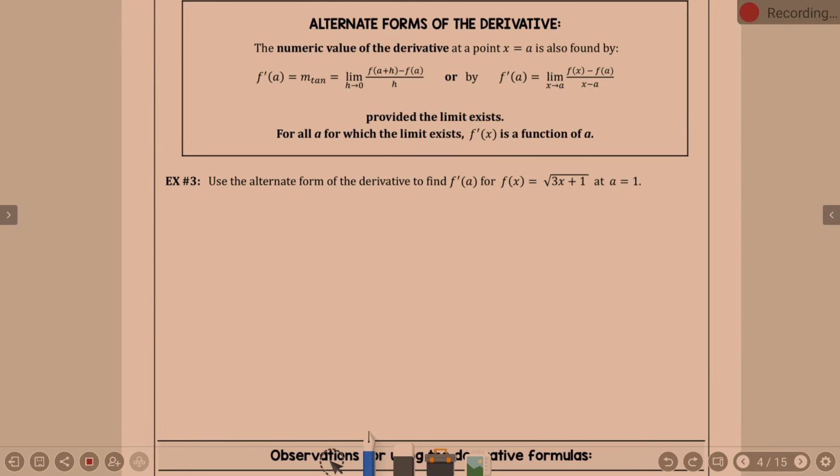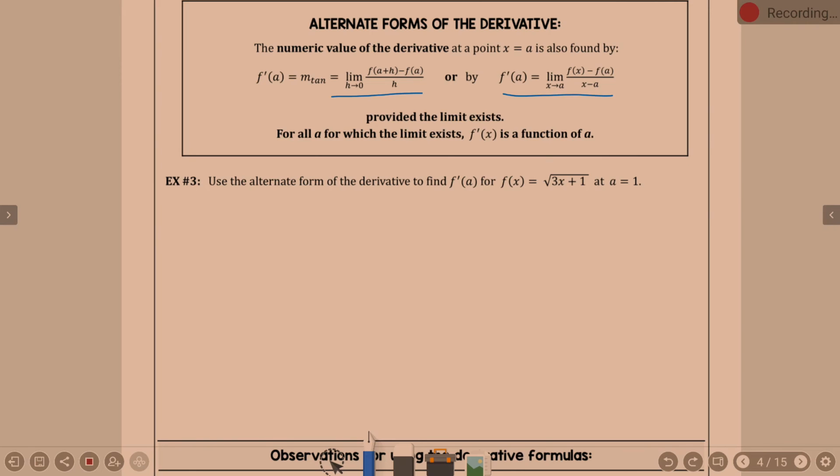Good one to know in addition to knowing this one right here. They both work. Again, I feel like a big place we see them is when doing limits. Hey, find this limit. If you can recognize this definition of derivative, it'll be much easier to find that limit.